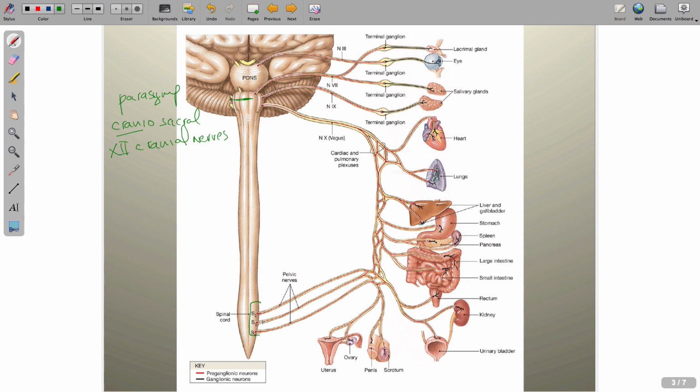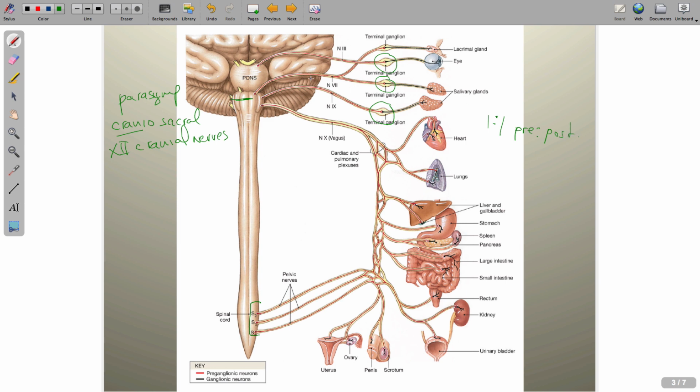As I mentioned in the previous slide, here again there are ganglia. These are the collections of nerve fibers that terminate on one end and originate on the other end. They communicate to one another. And there are a couple of things that happen here. First of all, in the parasympathetic nervous system, there is a 1-to-1 ratio of pre to post ganglionic fibers.